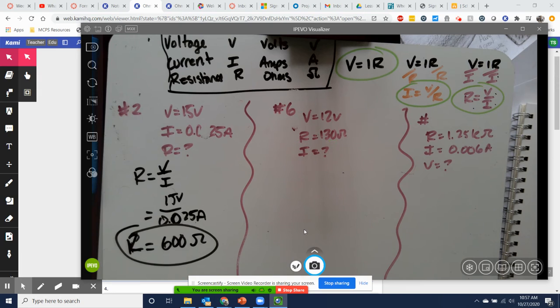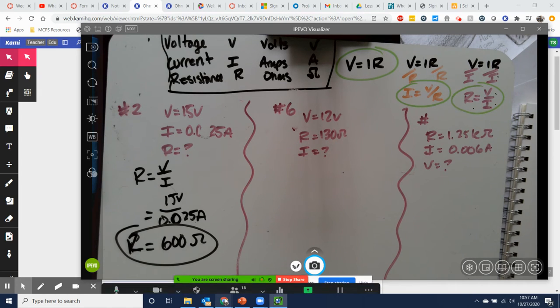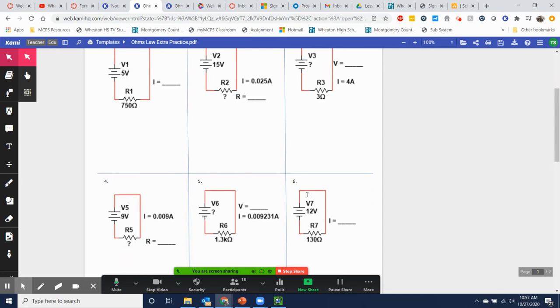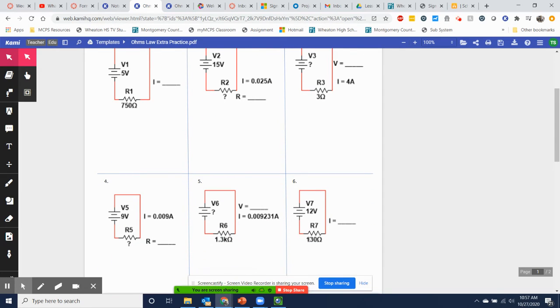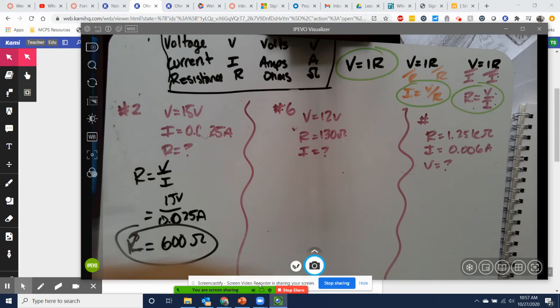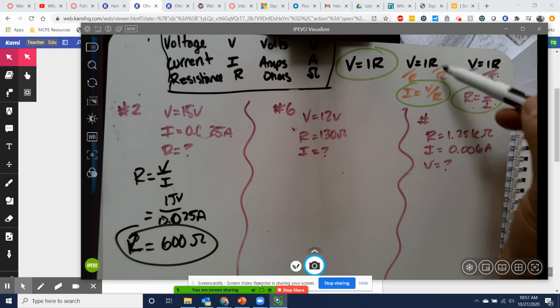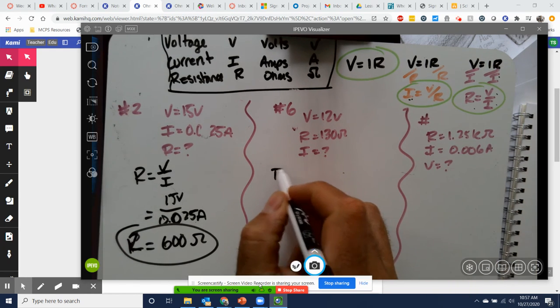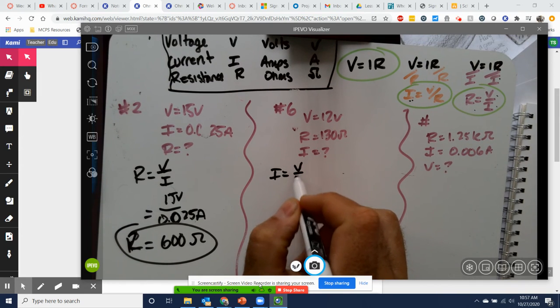There we go. Next one is number 6, and if you look at number 6 with me, it says the voltage is 12 volts, the resistance is 130 ohms, and we don't know current. So how am I going to solve that? Again, I divided both sides by R to get I by itself, and current is voltage divided by resistance.